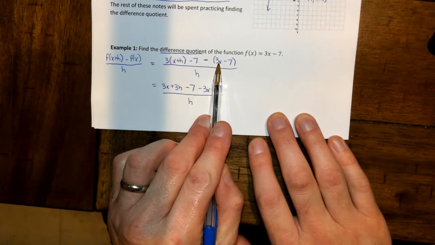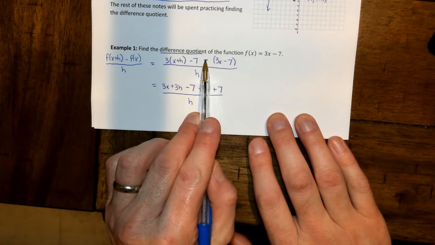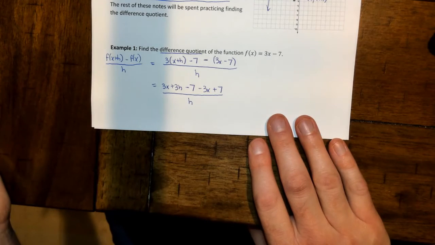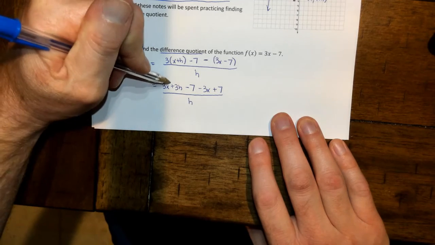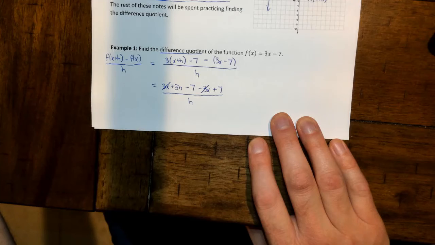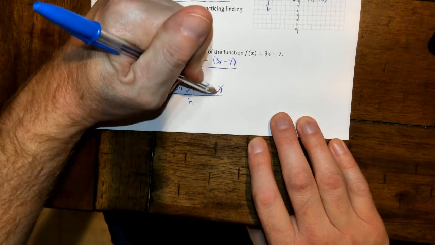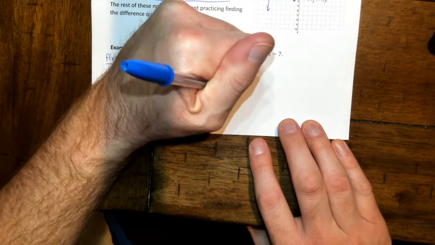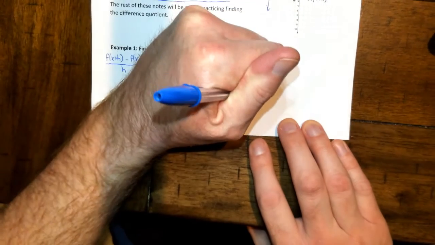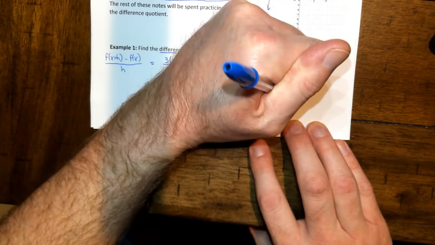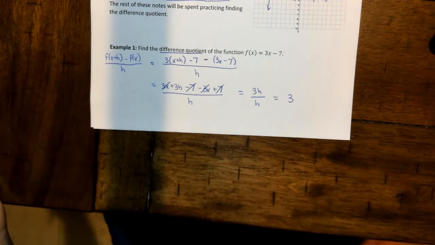We're subtracting this function, so this negative needs to be distributed to each piece. What happens here is your x's go away. Your constants go away, and we're left with just 3h over h, which is just 3.